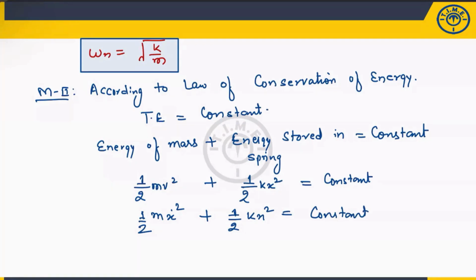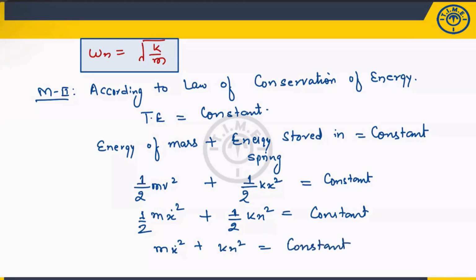That means if I differentiate this particular energy, it will be equal to 0, because differentiation of a constant is 0. The 2 in the denominator does not matter, so you can write m x dot square plus k x square is equal to constant.